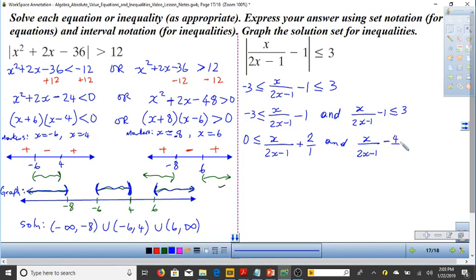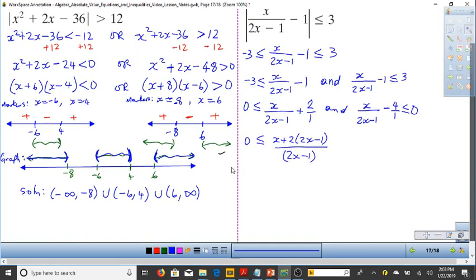And then I combine the fractions. So we have x plus 2 times 2x minus 1 over 2x minus 1. I combine that fraction and simplify the numerator: x plus 4x is 5x minus 2 over 2x minus 1.